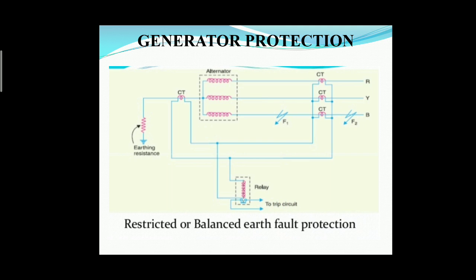This is the main drawback of the restricted or balanced earth fault protection: if the fault occurs near the neutral point of the terminal, the relay does not operate.